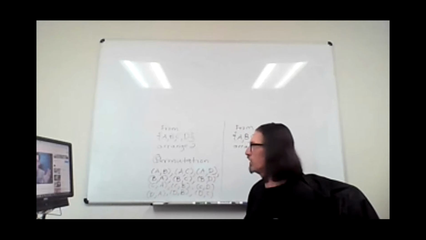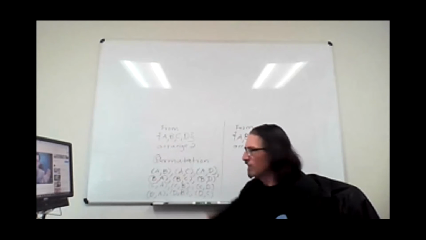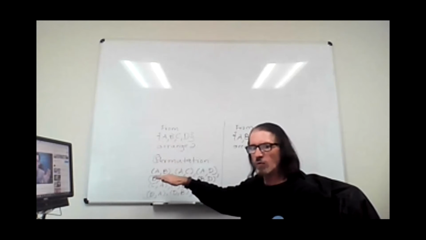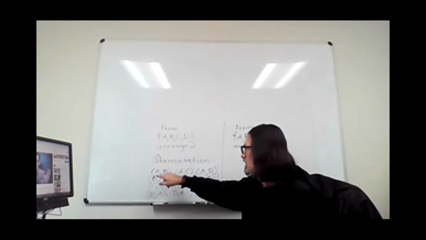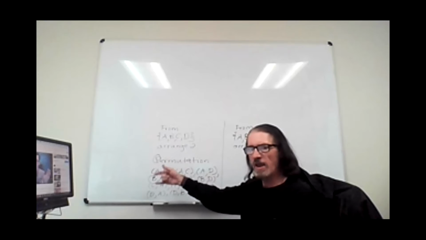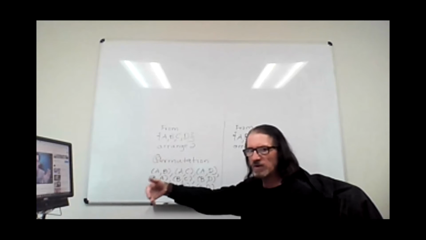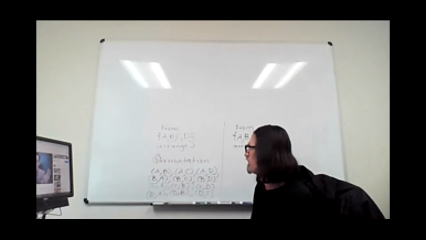Notice besides the order in permutations, just like factorials, there is no repetition. You're not going to have some ranking where A is getting repeated. You're not going to have A as both a president and a vice president, for example.